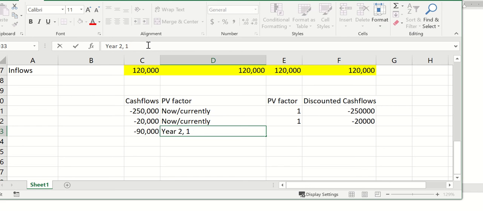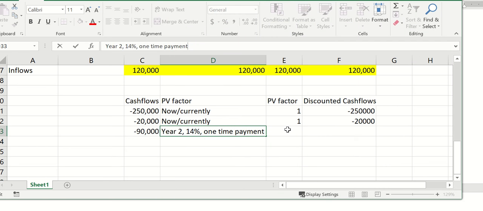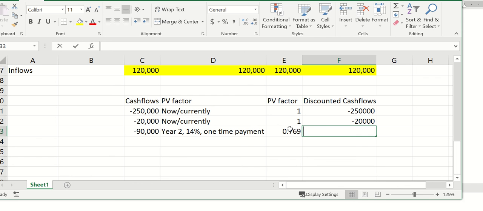Year 2, 14%, one time. They just have to make this one-time 90,000 payment. They don't have to continue to keep spending 90,000. So this is a one-time payment. 14% at year 2 would be 0.769 here. So 0.769. I can multiply this one.